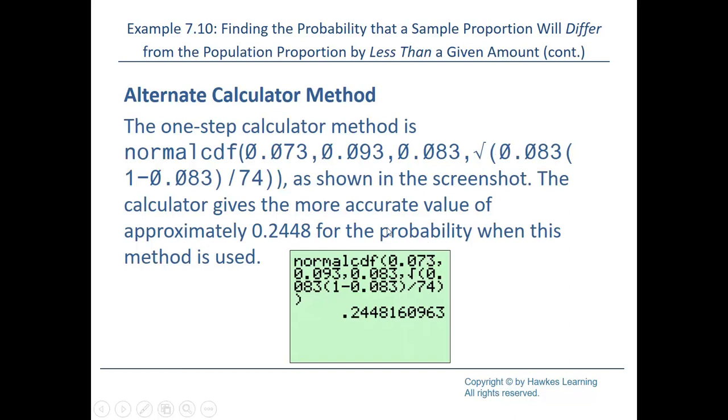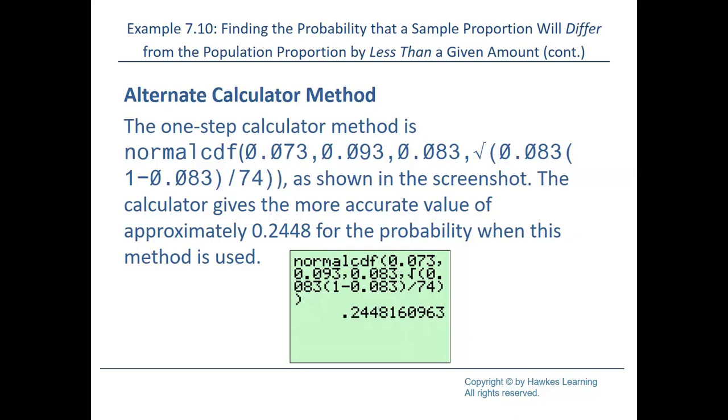Okay, and again, as shown in this screenshot, this calculator method does give you a little bit more accurate of an answer versus the tables, which will be about 0.2448.